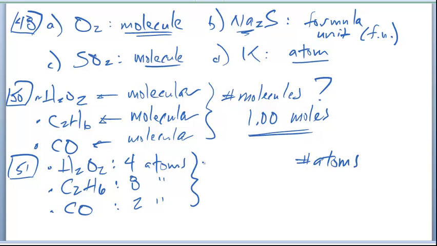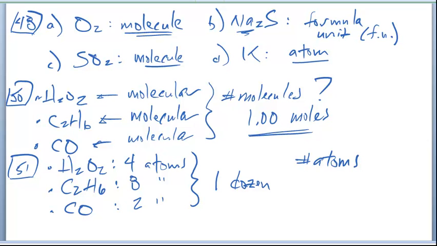Now, let's take this step by step. If I said, I have 1 dozen molecules of each of these 3 substances, which collection would contain the most atoms? Well, if you had 1 dozen molecules of hydrogen peroxide, you'd have 12 times 4, or 48 atoms, right?